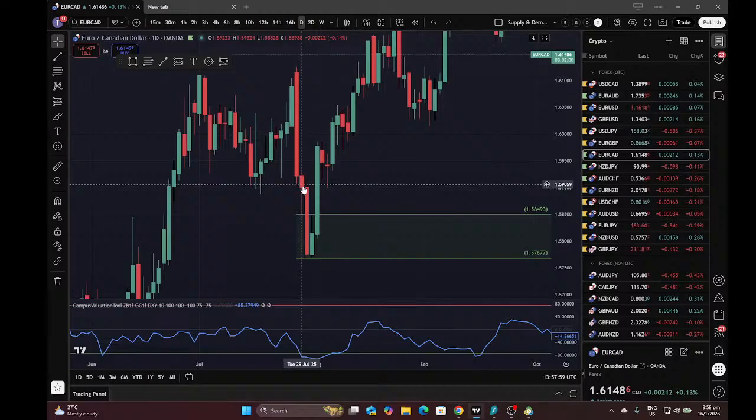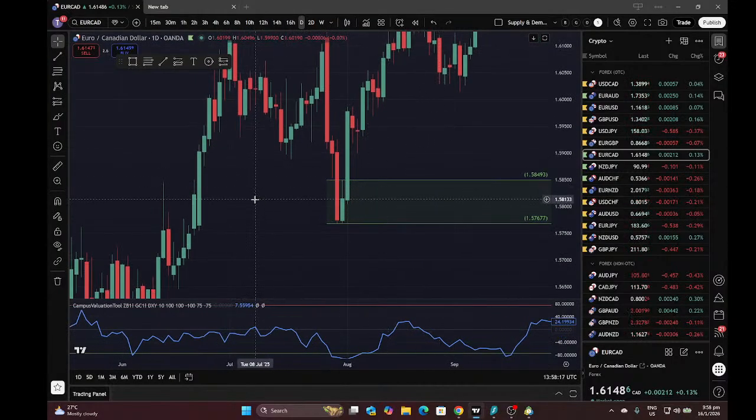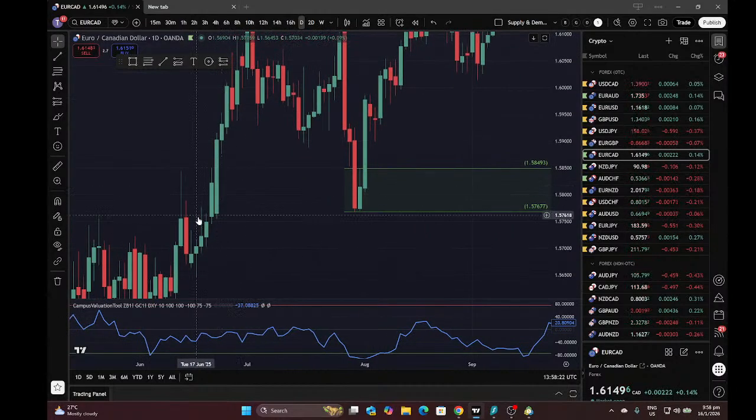It has a nice leg-in, the base is solid, and then it just engulfs up. The only thing not too fancy about this zone is that it is not a fresh zone, which means that over here on the left side, this is also another supply demand zone, and this is a weak demand zone.